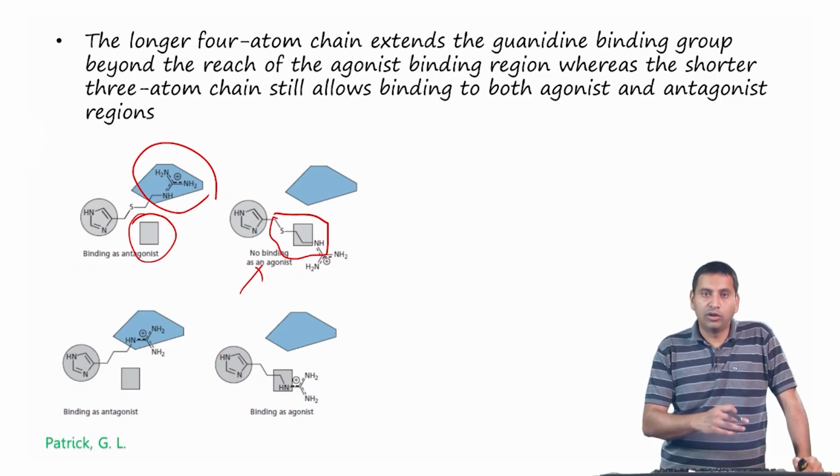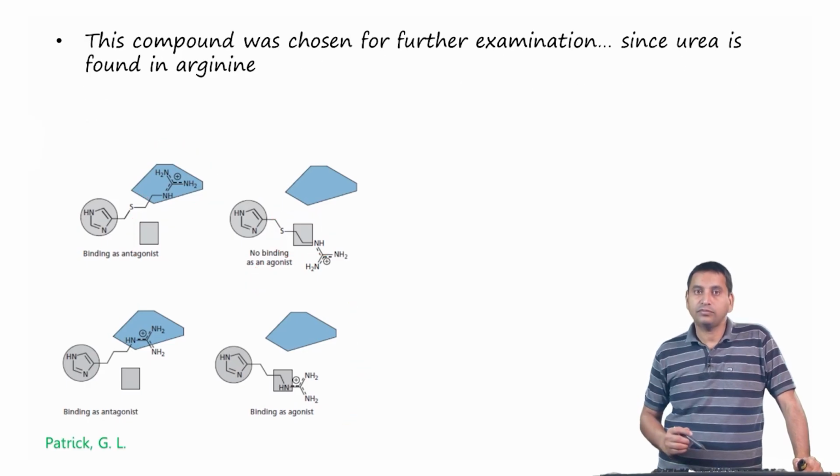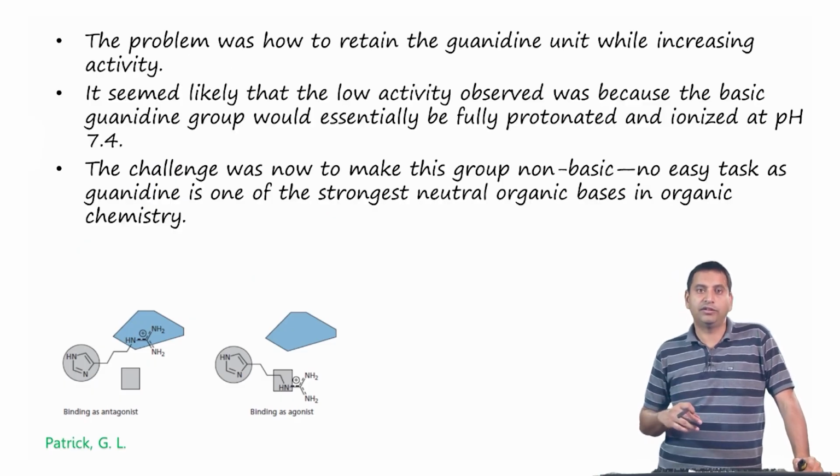However, the original molecule that we started with had both agonist and antagonist activity, as shown here. This compound was chosen for further examination, since urea, as we discussed earlier, is also present in arginine.